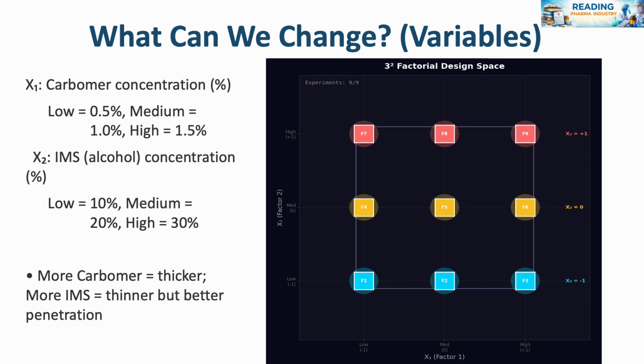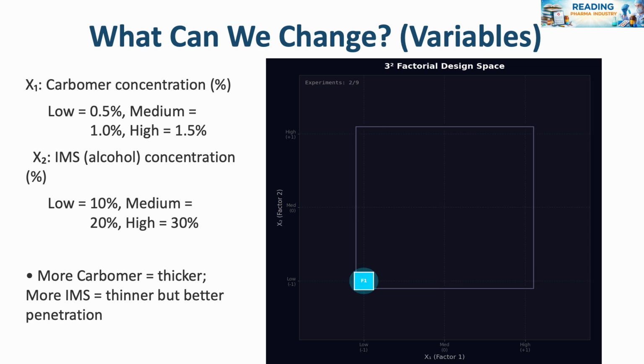The amount of carbomer that we're going to vary will be 0.5, 1 and 1.5. We'll also use the solvent system, which is the IMS, or industrial methylated solvent, the alcohol system. This is the solvent, and we'll also vary this from 10, 20, 30.